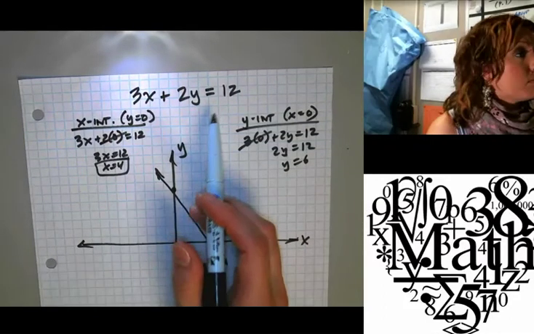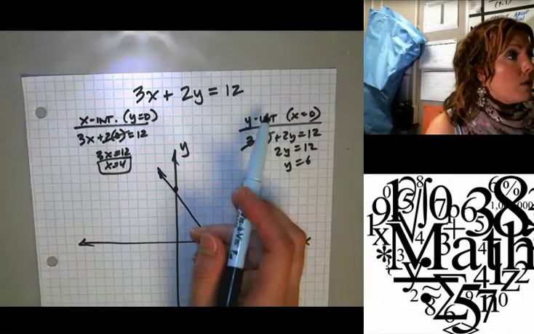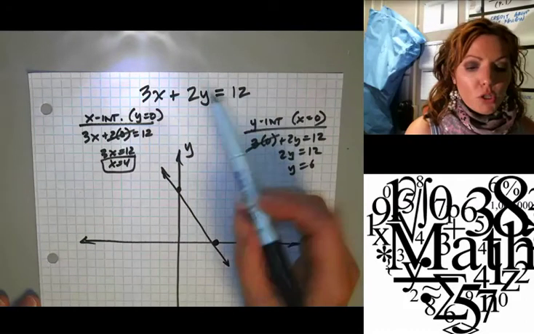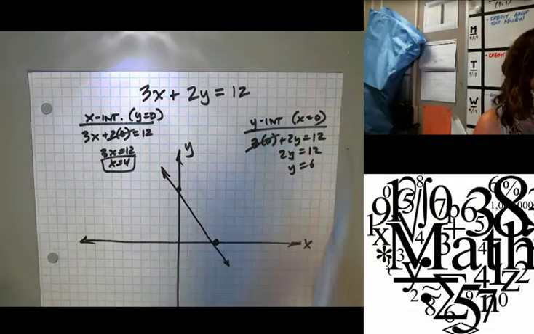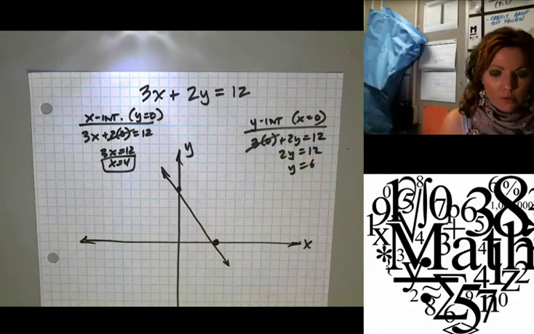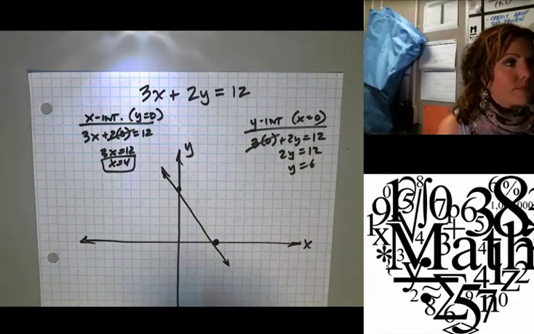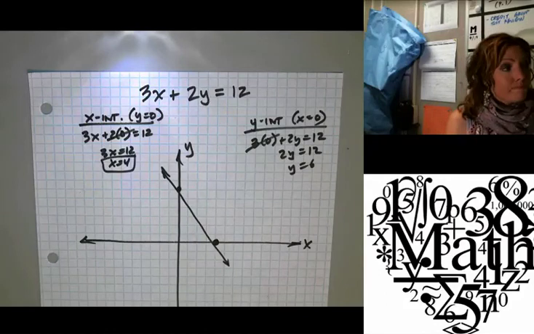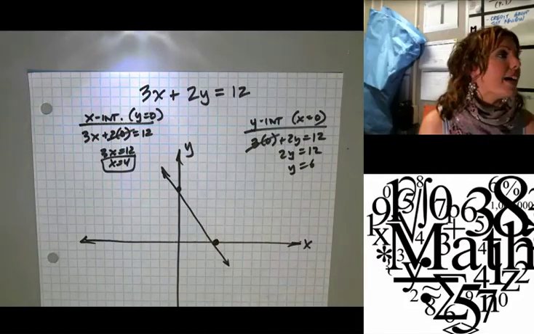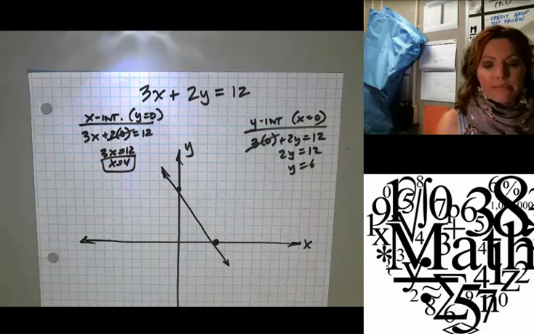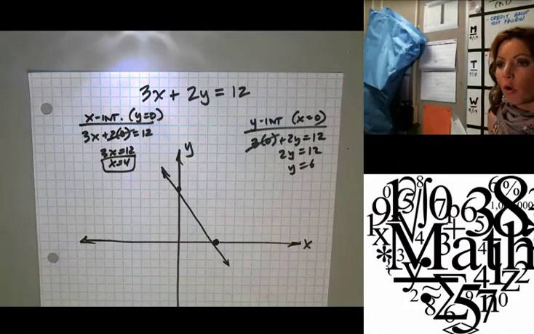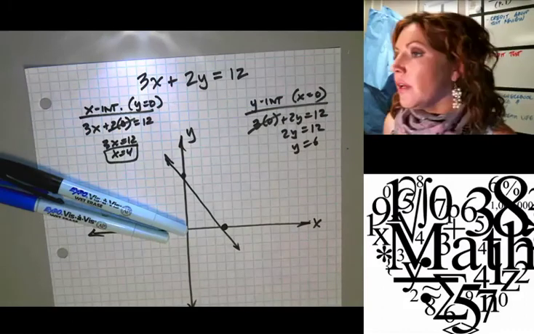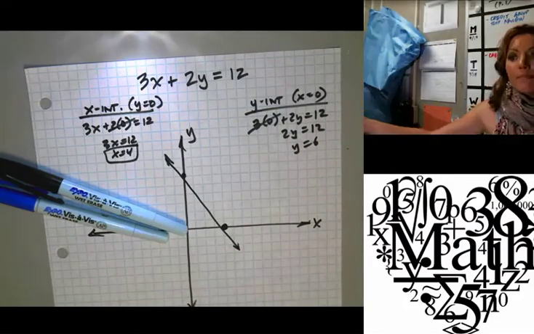I gave myself an even number that I knew these would both evenly divide into. So it's just a line that you solve. It's another format. There are a bunch of different formats for lines, and that's one of them. Okay, any other questions? Okay, go ahead and do your homework.